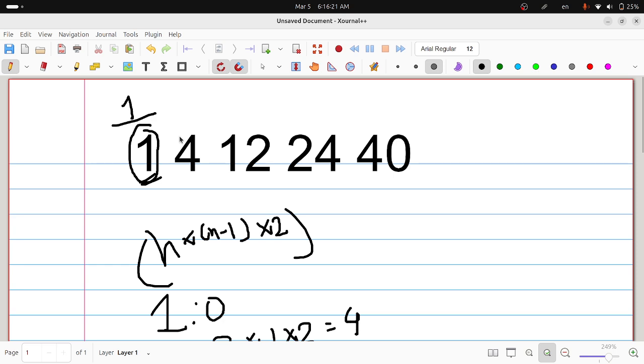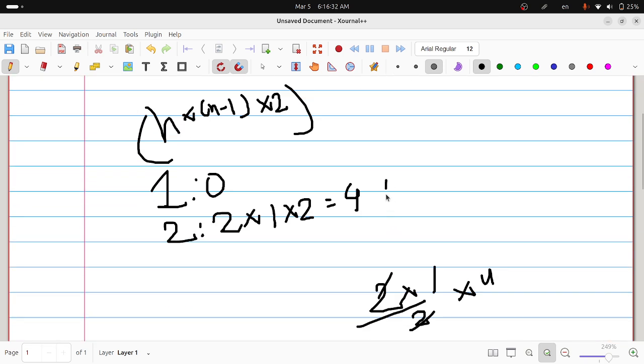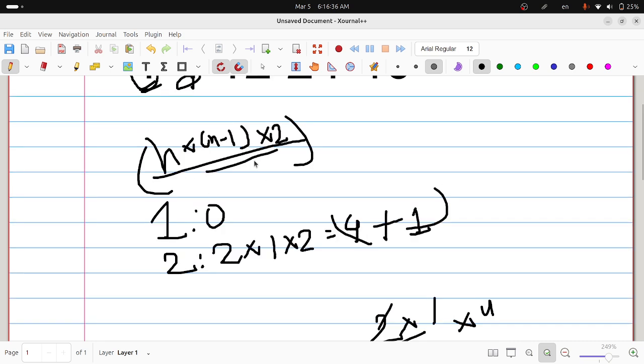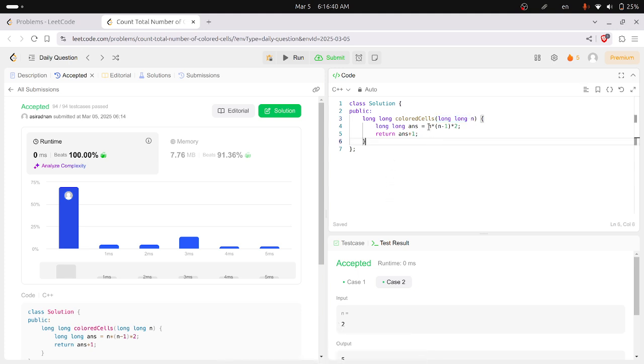And 4 is not my answer. I have to answer 5 because initially I had 1 and I'm adding 4 more to it. So whatever I get from this formula, I have to add 1. I calculate it, and then I return after adding 1. So that's my O of 1 solution.